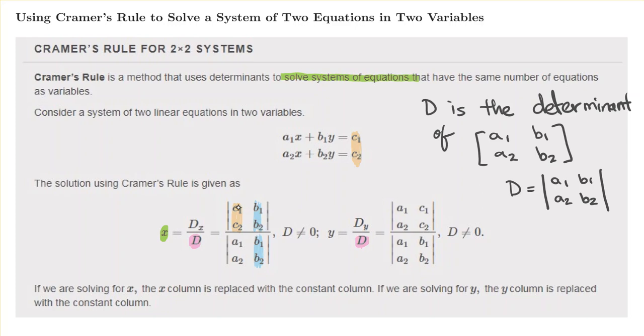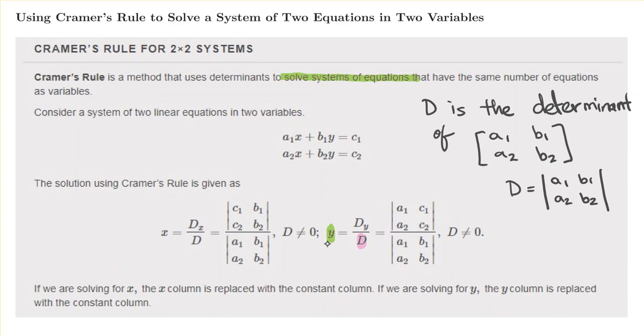Calculate this determinant, which would be C1 times B2 minus C2 times B1. And then this is a number, divide them, and that's actually going to be the solution, the value that x would have to be a solution to this system of equations.